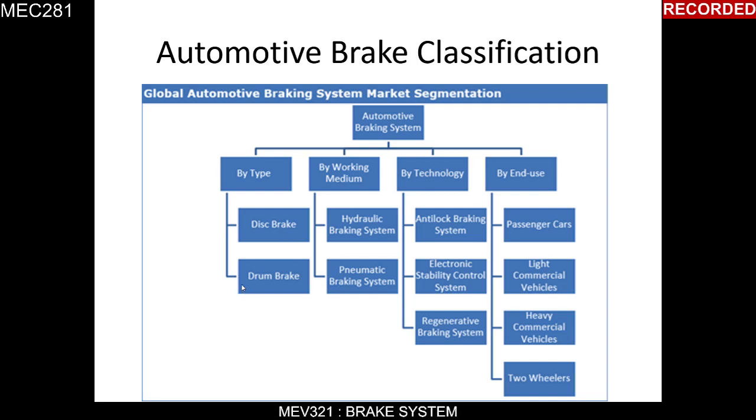Hopefully every one of you has already heard about disc brake and drum brake. Then by working medium, they are classified as hydraulic and pneumatic braking systems. Most modern cars right now use the hydraulic braking system, and some commercial vehicles use pneumatic or a mix of both hydraulic and pneumatic braking systems.